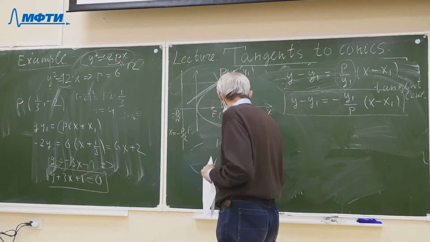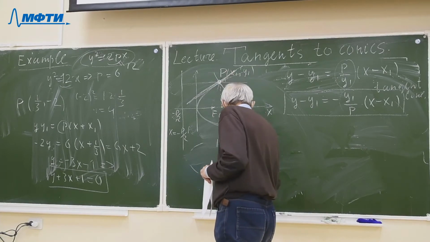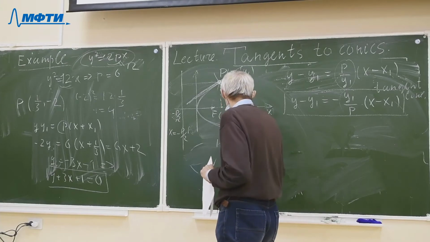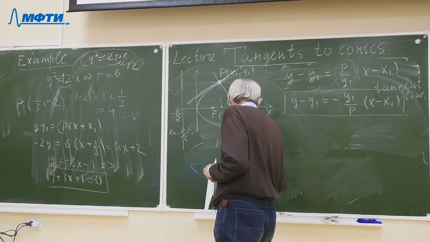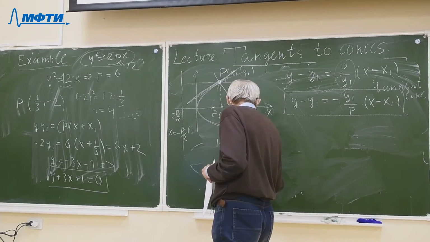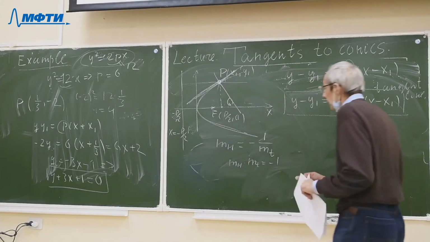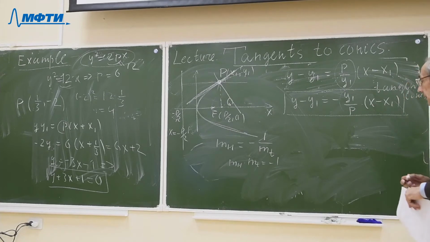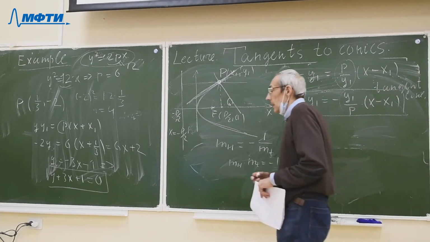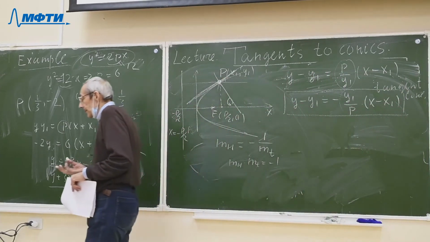The product of the tangents of two perpendicular straight lines is exactly minus 1.